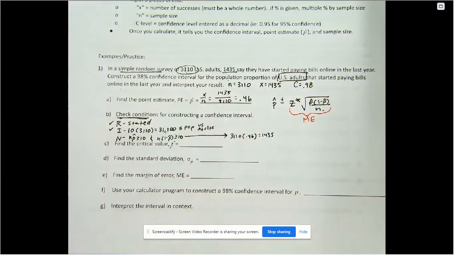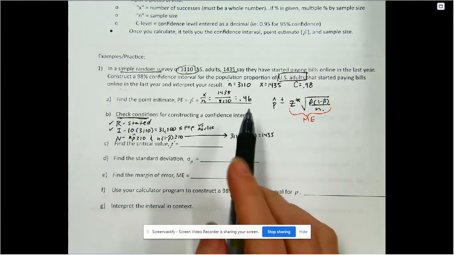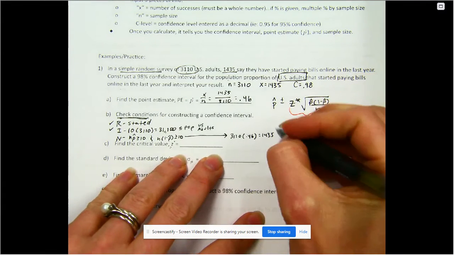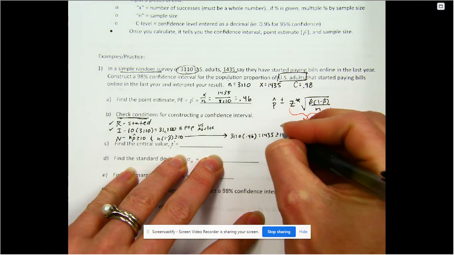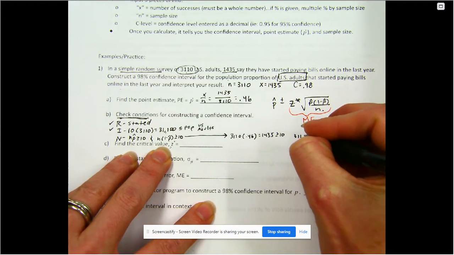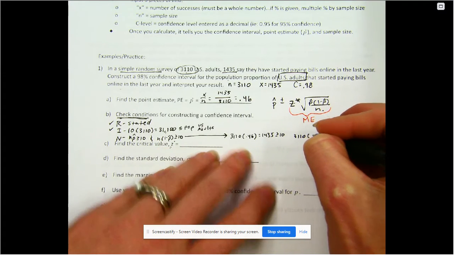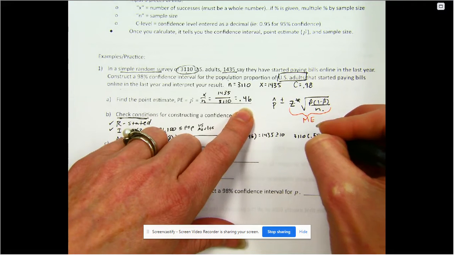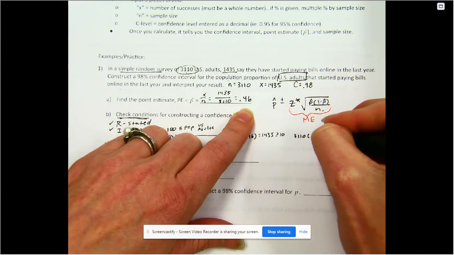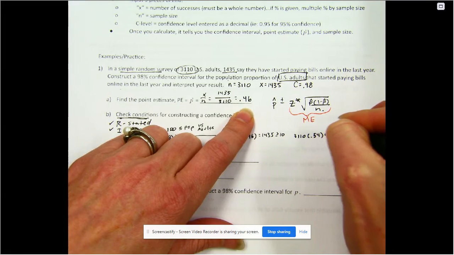If you typed it in, you wouldn't get exactly 1,435 because of rounding. But that is definitely greater than or equal to 10. You have to do it for both. So then you're going to have 3,110 times 0.54, which is about 1,675, which again is greater than or equal to 10.